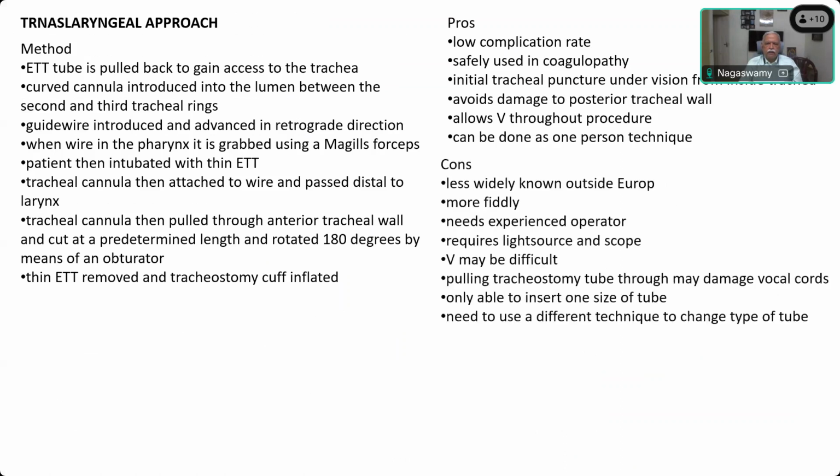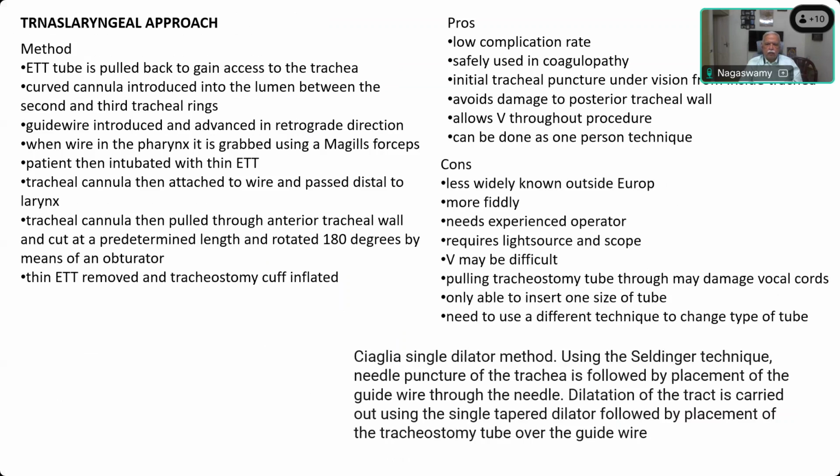The contraindications are less well known outside Europe. It is more fiddly and needs an experienced operator. Sometimes the view may be difficult, and pulling the tracheostomy through can damage vocal cords. There is only the ability to insert a thin tube, and you need to use a different technique to change the tube.